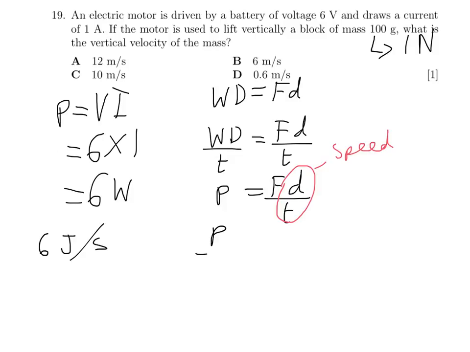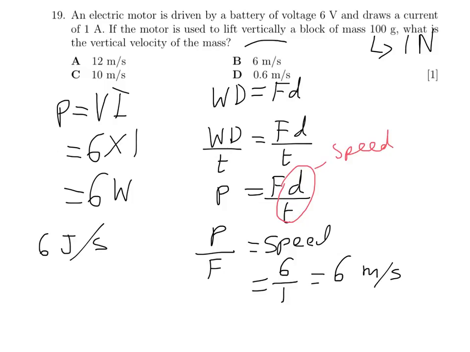So we need to rearrange it so that we have the speed. So we just do the power divided by the force, which tells us the speed. So our power was 6 and our force was 1, so 6 divided by 1 is 6. So it gives us a speed of 6 meters per second. So it's answer B that we're looking for.